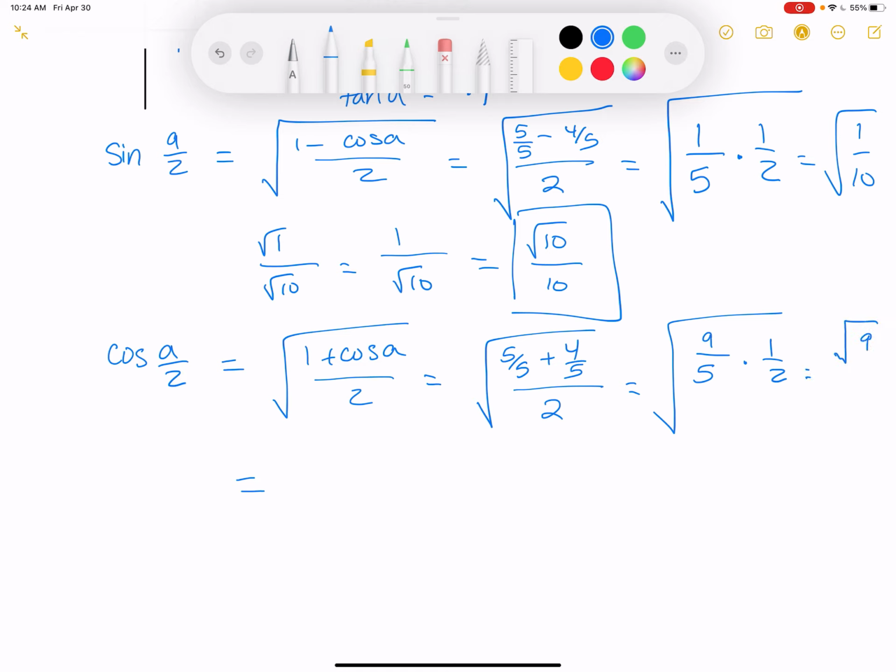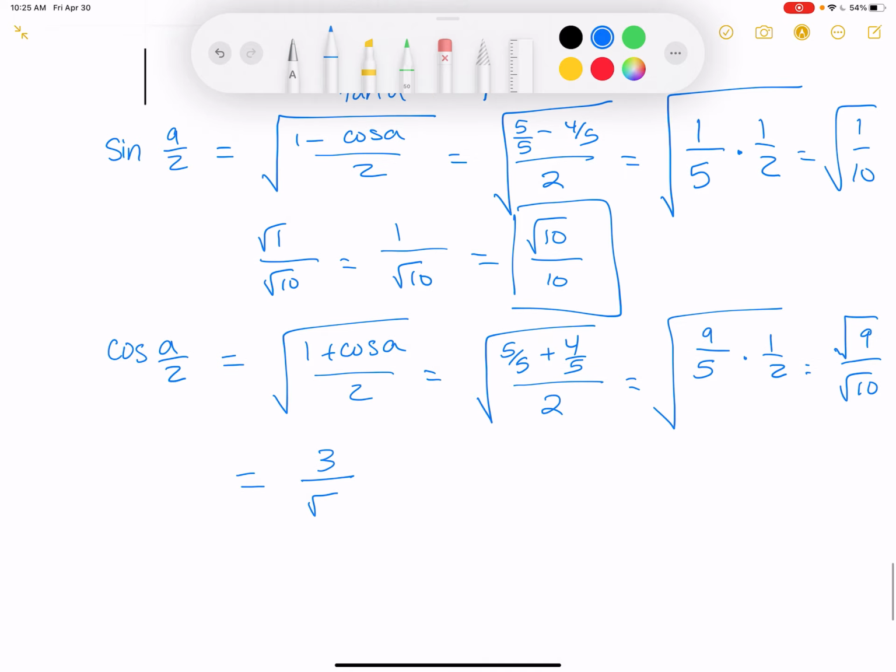Square root of 9 over the square root of 10. So 3 over the square root of 10. 3 root 10 over 10.